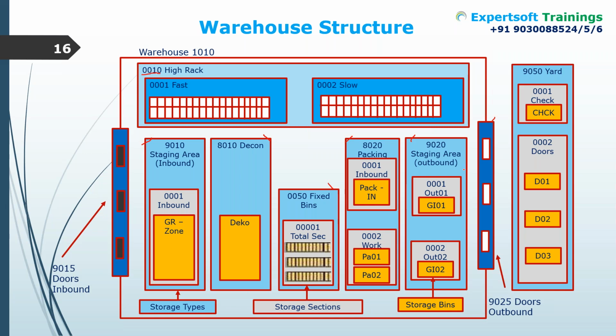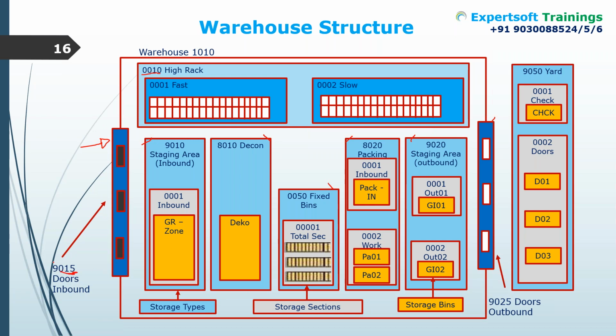Similarly, in EWM the storage type is again a very important object, because each section of your warehouse should, or I'd say must, be defined under a storage type. For example, a door. In a door you are not going to store your product or material, but still you will create a storage type for your doors.